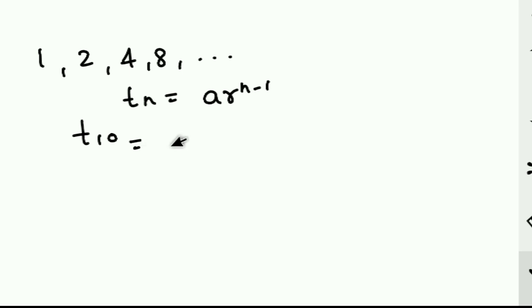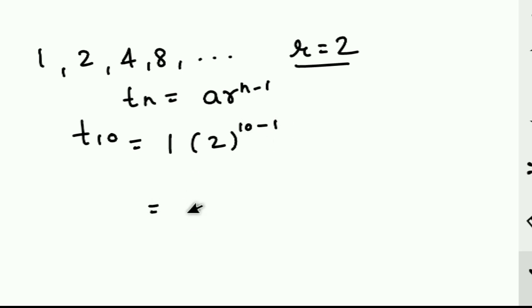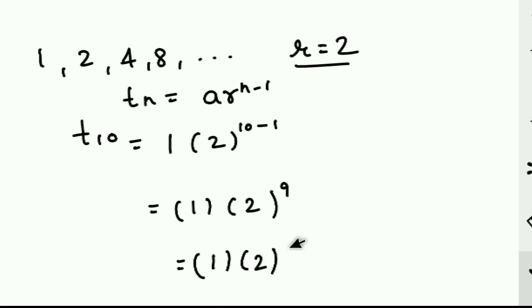Our first term is 1, and our common ratio for this GP is equal to 2. So this will be 10 minus 1. I will get 1 into 2 raised to 10 minus 1, which is 9. So I will get 1 into 2 raised to 9.